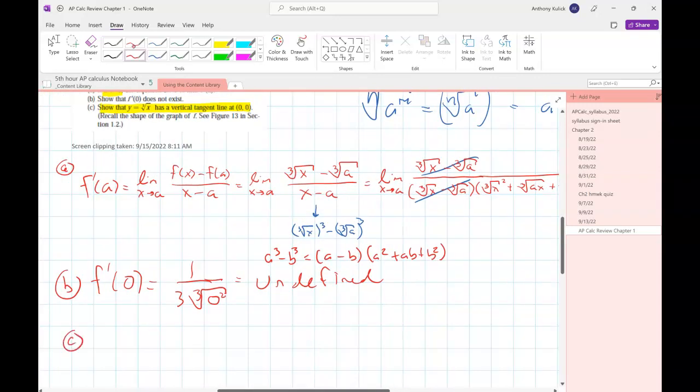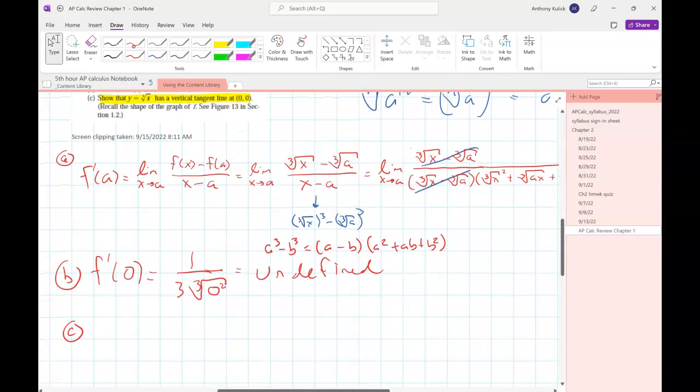Part C says then show that y equals x cubed has a vertical tangent line at 0, 0. Okay, so if I'm looking for the slope of the tangent line, I'm looking at f prime of 0. And what am I expecting this to be if it's vertical?